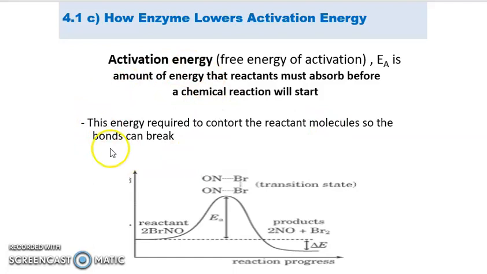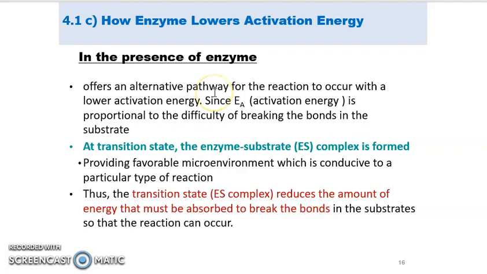If you look at this one, in the presence of enzyme, what happened to the activation energy? It will offer an alternative pathway for the reaction to occur with a lower activation energy. So bila reaction tu ada enzyme, enzyme ni boleh membantu supaya the activation energy can be lowered.